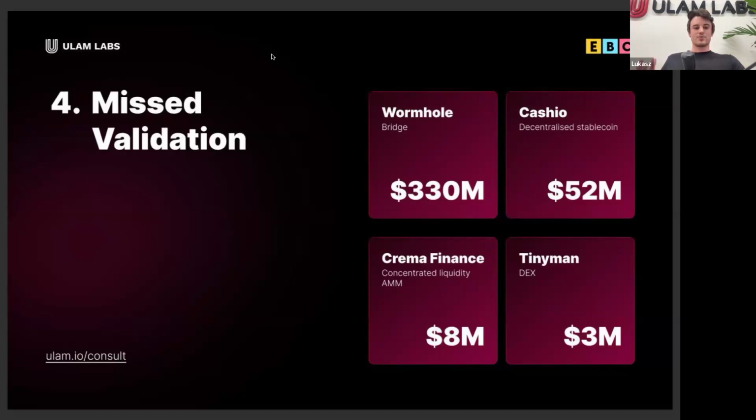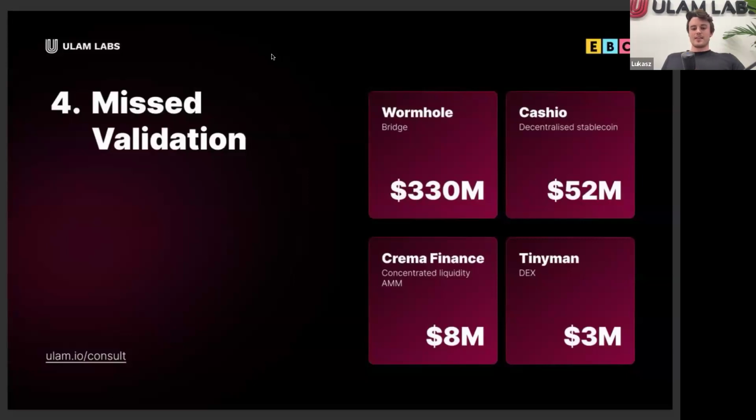And again, there was one check missing to see if this account is valid. Because of that, the attacker managed to just take a lot of fees under a fake tick and go away with $8 million. It's important to note that Cashio and Crema Finance were not audited at the time of the hack.